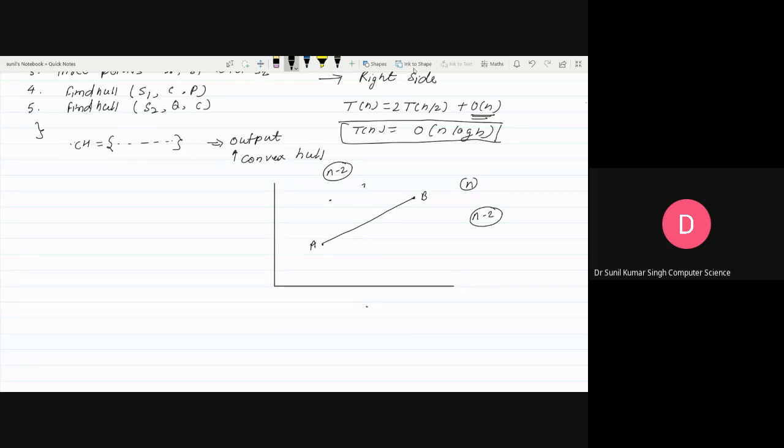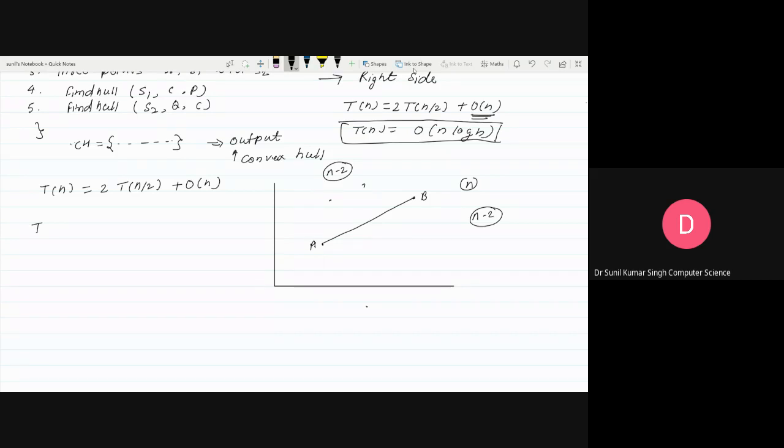Then saying that this Quick-Hull algorithm is going to have a recurrence relation like this is not a good idea, because this division is not going to be in equal halves. Then what will be the case?